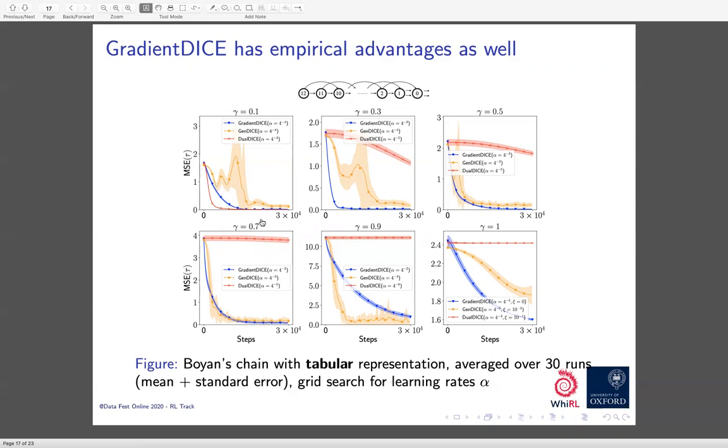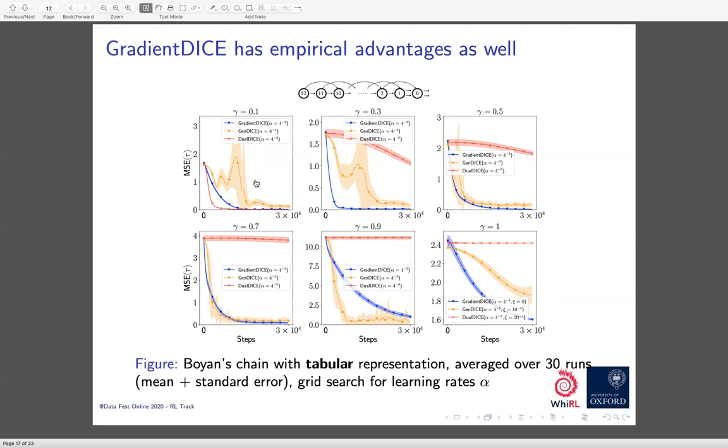The x-axis is the training steps, and the y-axis is the mean square error of the density ratio prediction. The lower, the better. We tested different discount factors from 0.1 to 0.9 and 1. The results are averaged over 30 independent runs. We reported the mean and standard error. Importantly, we did a grid search for the learning rate alpha for different algorithms for each gamma.